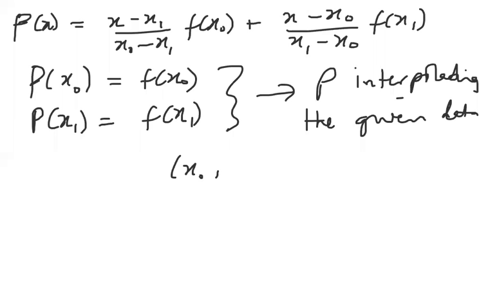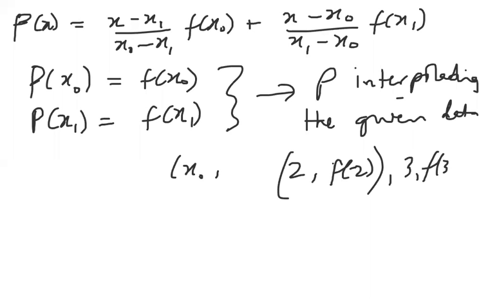But for example, if I have 2 comma F of 2, and I also have 3 comma F of 3, those values F of 2 and F of 3 should also satisfy P of 2 and P of 3. But I can use that P(x) now to approximate, for example, F of 2.1.